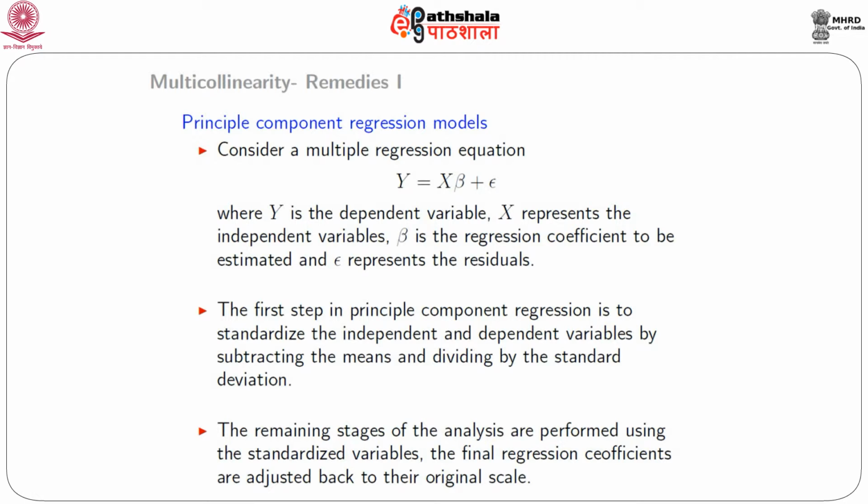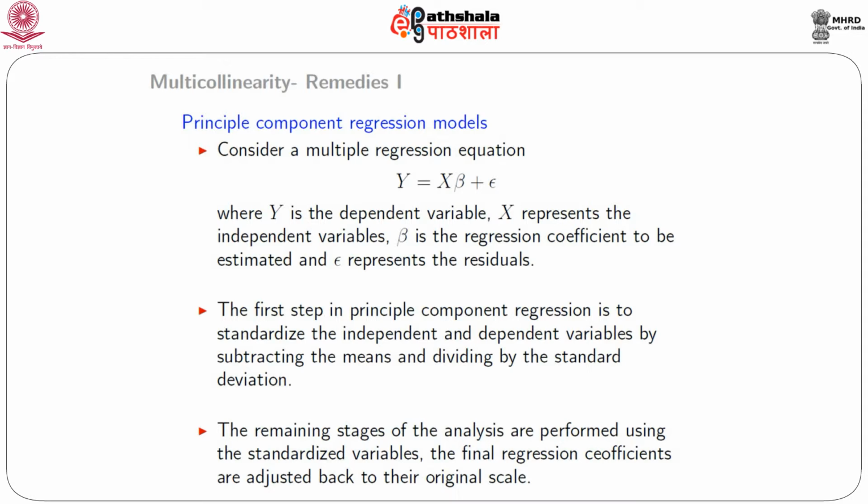The model is written as y equals x beta plus epsilon, where y is the vector of the response variable, x is the matrix made up of the predictor variables, beta is the regression coefficient vector that we wish to estimate, and epsilon represents the error terms.